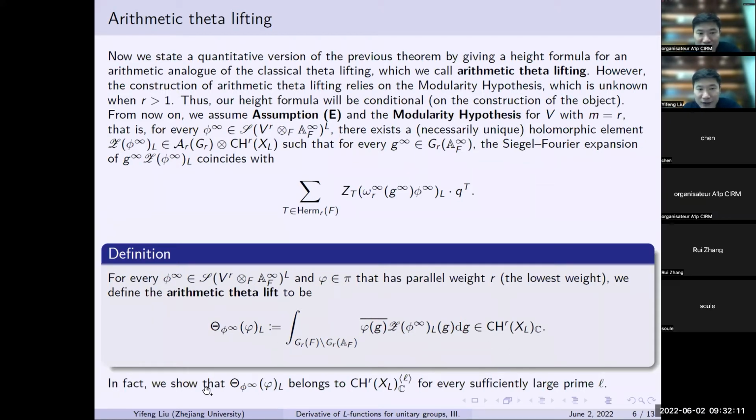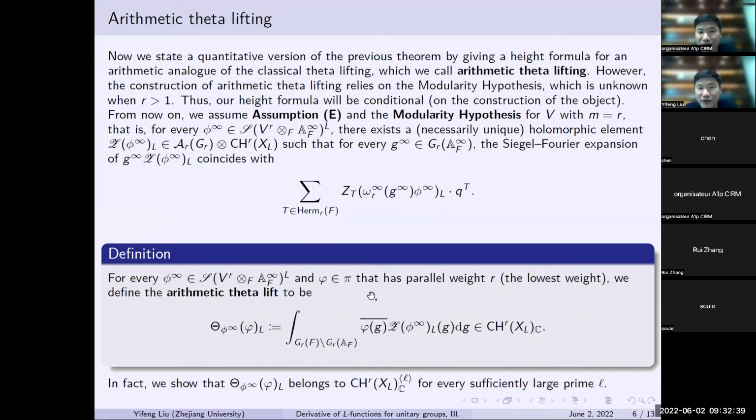We can show that this arithmetic zeta lift must belong to the space that is L-cohomologically trivial. Recall from yesterday that this means all Chow cycles which are adequately cohomologically trivial at places away from L, for every sufficiently large prime L.